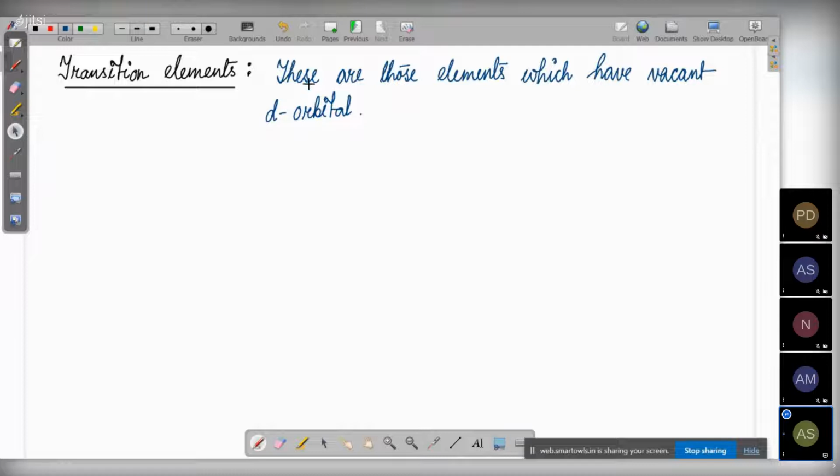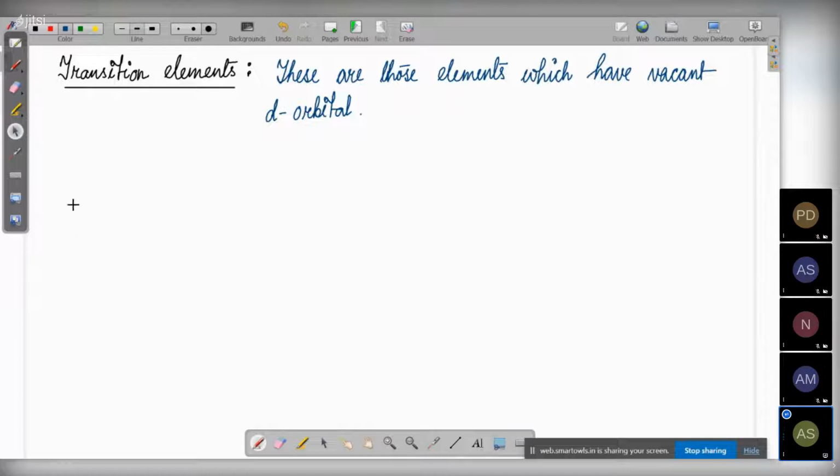So this is the definition that Nainika told: that these are those elements which have vacant d orbital, or as you said, partially filled d orbital. So let's see what the problem will be if I take your definition as correct. Let's start from iron.